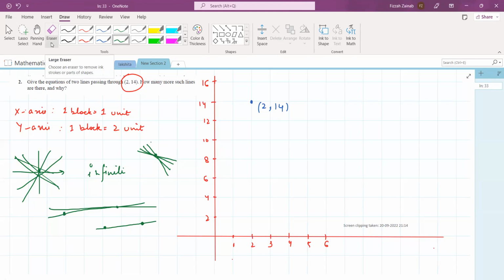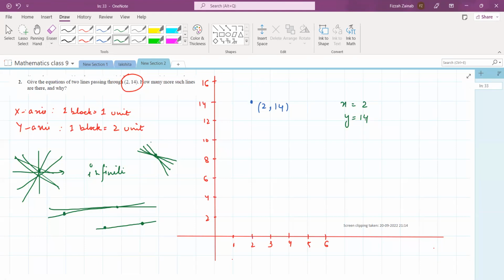Okay. Now you have to give the equation of 2 lines. That means x is equal to 2 and y is equal to 14. So you have to design an equation in which, if you put x is equal to 2 and y is equal to 14, you get your RHS.